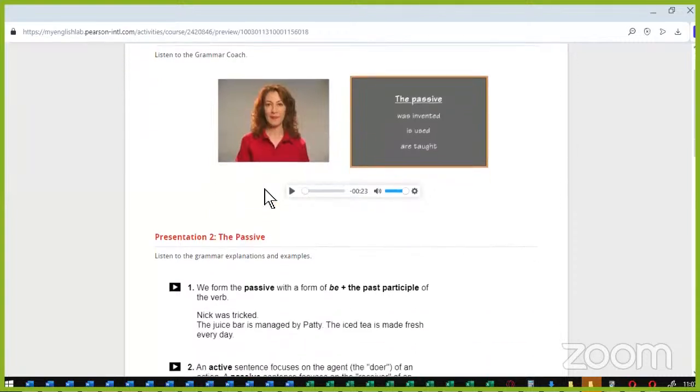So let's advance with the A2 module. "Hi. You know, the personal computer was invented only about 25 years ago. Amazing. Now it's used for almost everything, especially now that we have the internet." Was invented, is used, and are taught are examples of the passive.